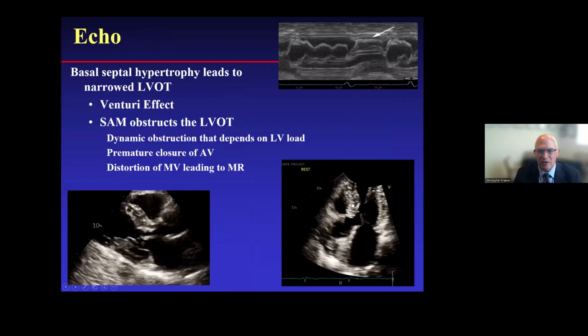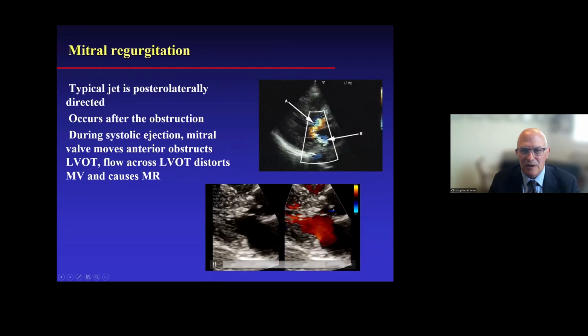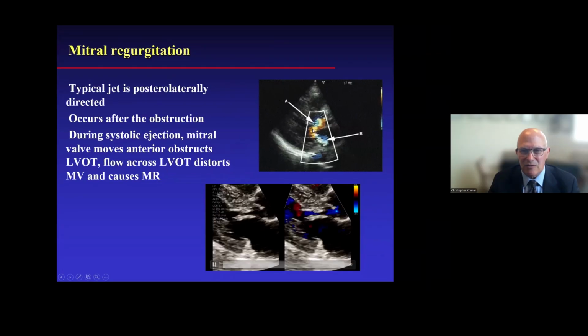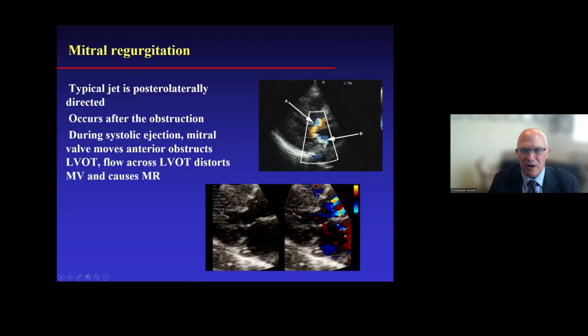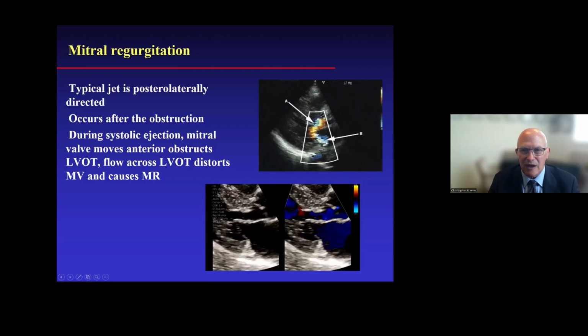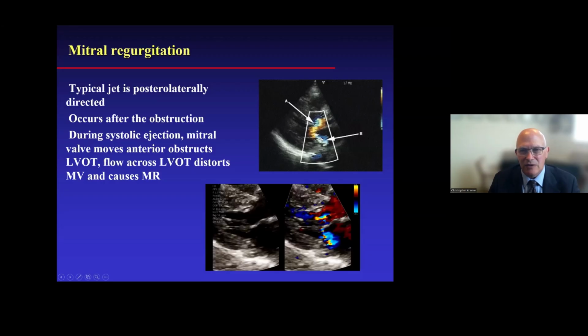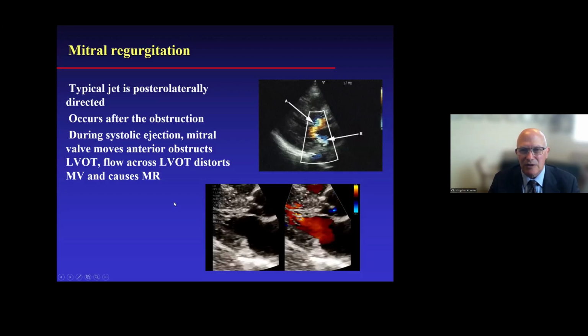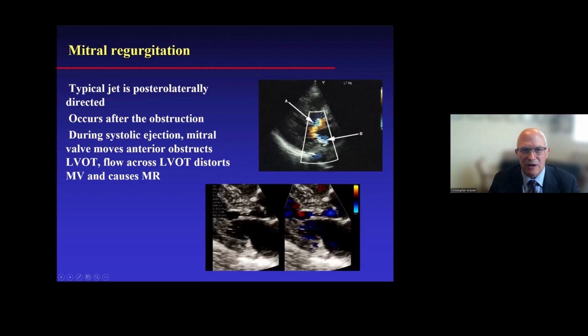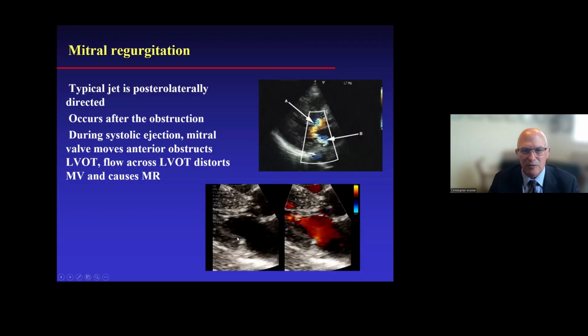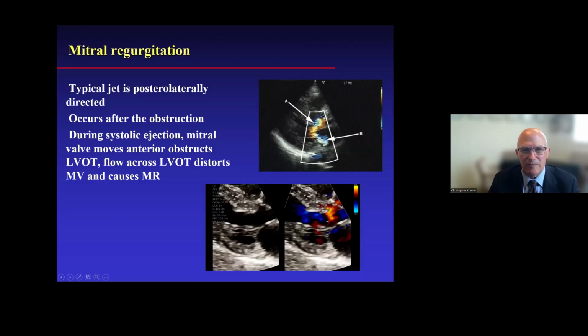Classically, by echo in patients with obstruction, you often get this V sign where you have concomitant turbulence in the LV outflow tract due to the SAM. And as the anterior leaflet of the mitral valve is pulled anteriorly, you get the posteriorly directed jet of mitral regurgitation. So quite often in patients with obstruction, you see simultaneous MR.